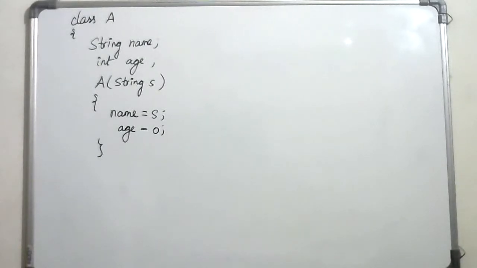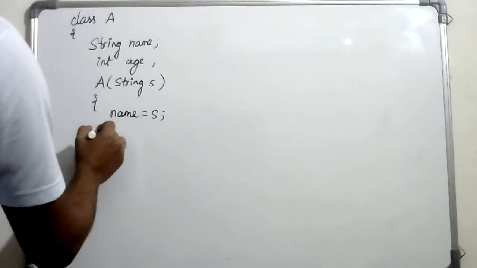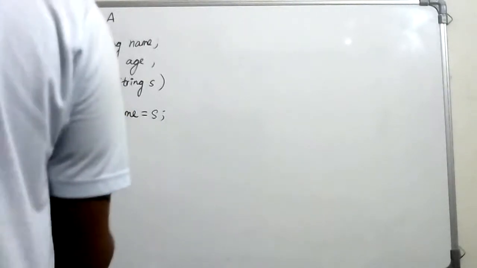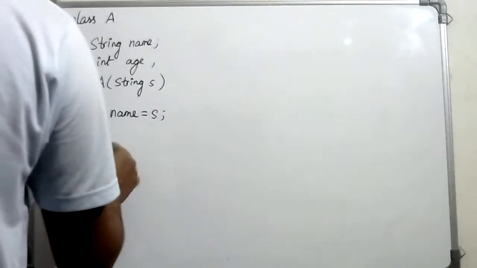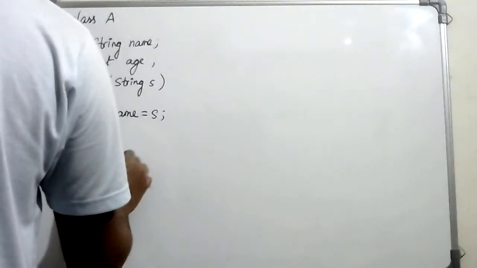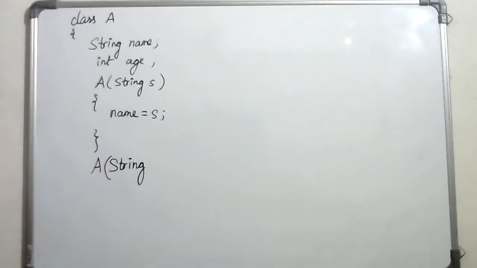So let's say we are taking the same class. We are going to write two constructors. So we are overloading the constructors. We'll write one constructor with a single parameter, taking a single argument, and we'll write one more constructor which takes two arguments.